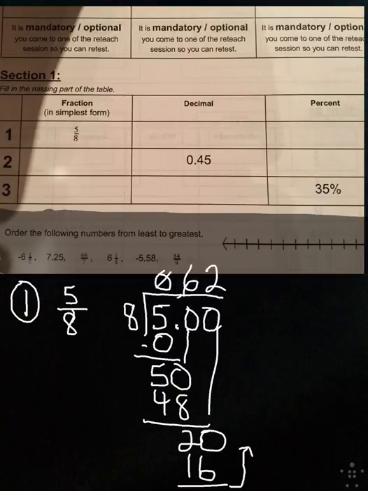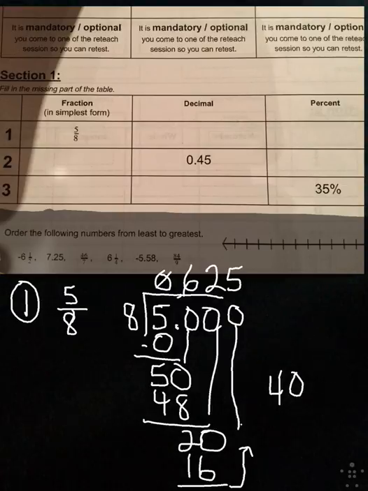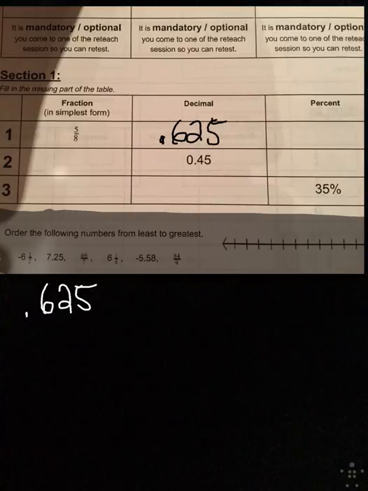And I'm just going to bring that right up here. And we're going to bring down another 0. 8 goes into 40 5 times. So our answer in the decimal column is 625 thousandths.